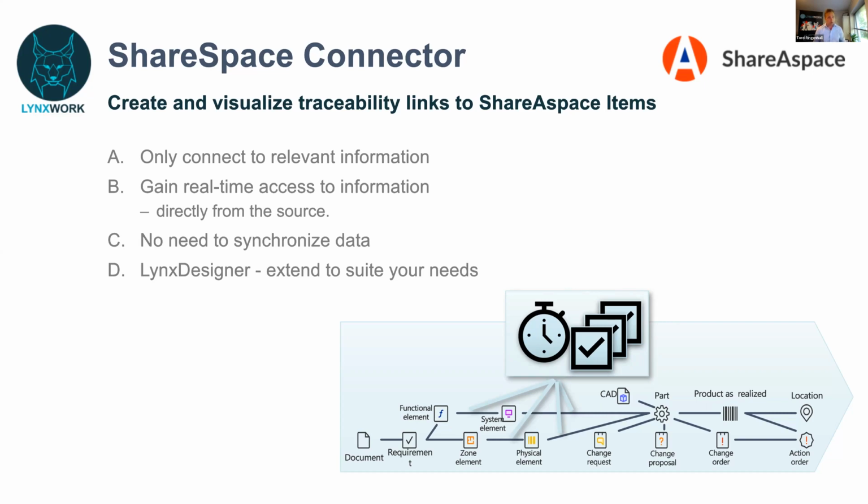So they were not OSLC compatible. So how could we connect ShareSpace with an OSLC-based solution? And in this case, as you saw in the beginning, we're connecting with the IBM ELM platform and the Polarion and the Jira.